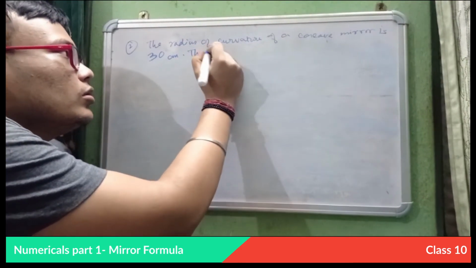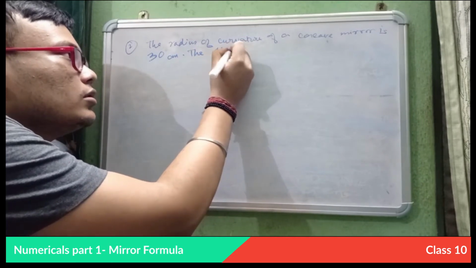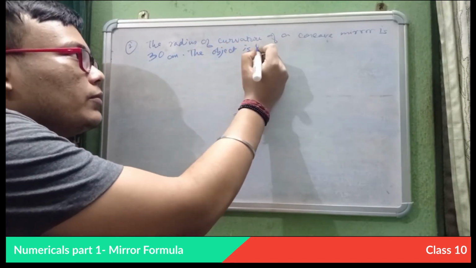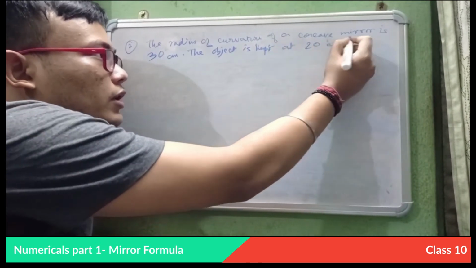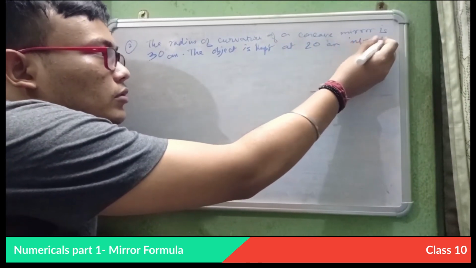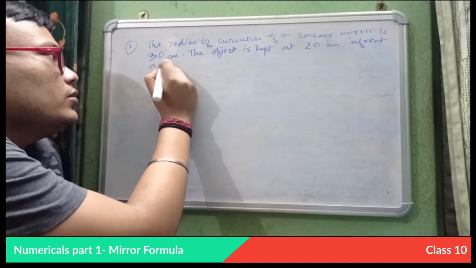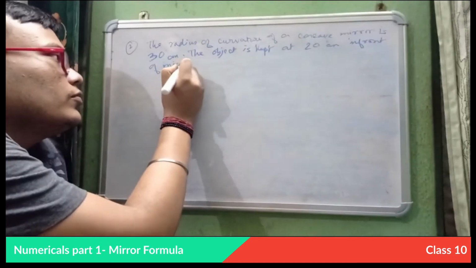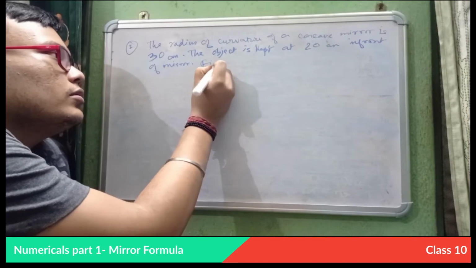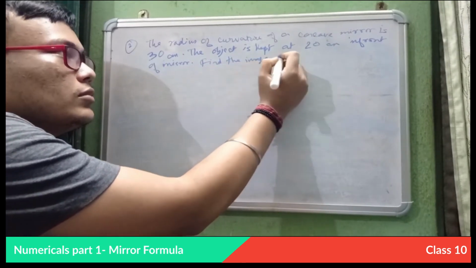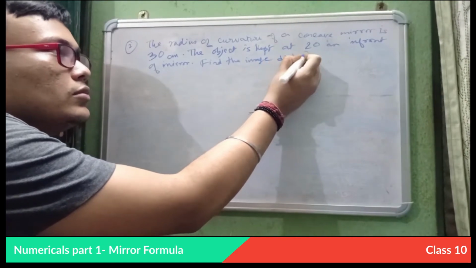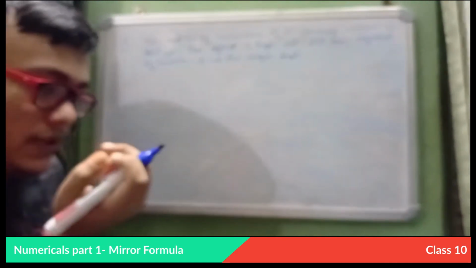The object is kept at 20 centimeter in front of the mirror. Find the image distance.